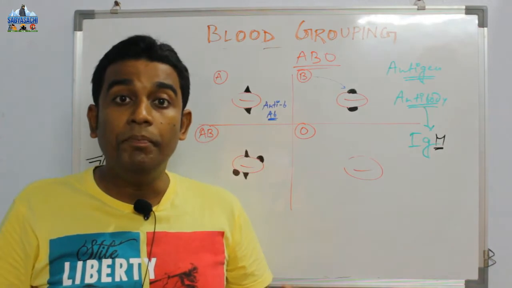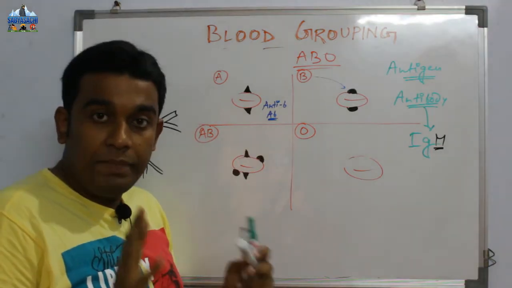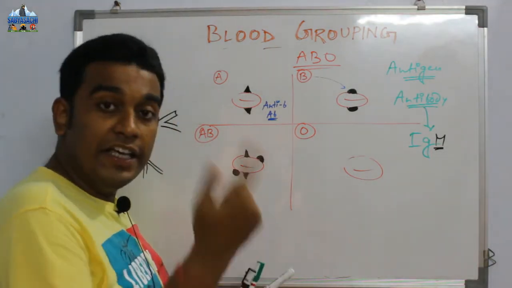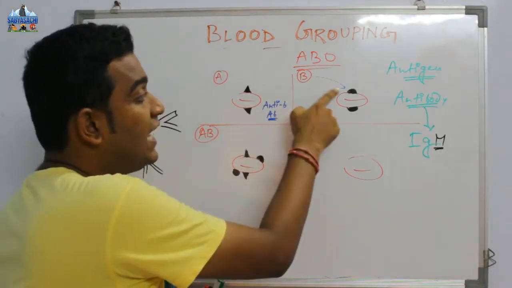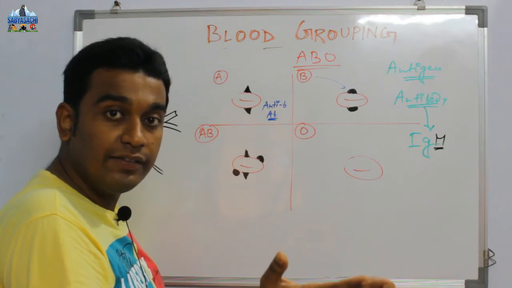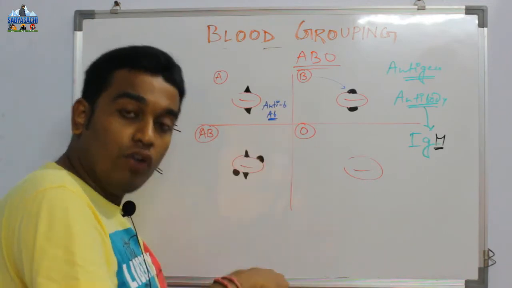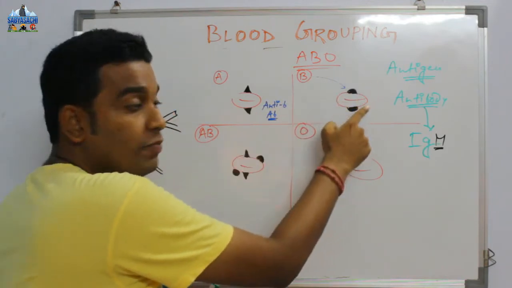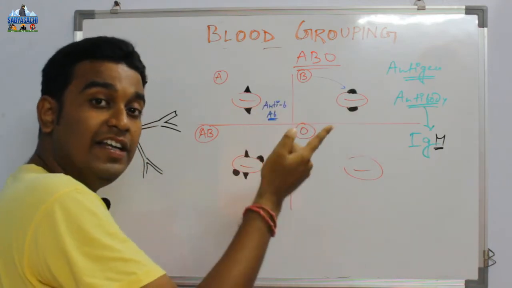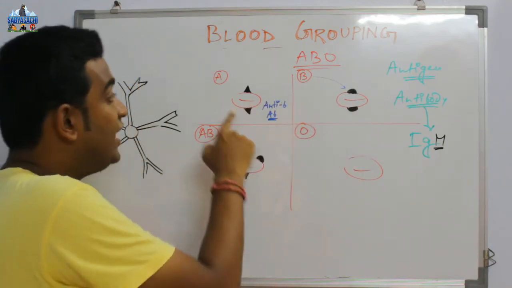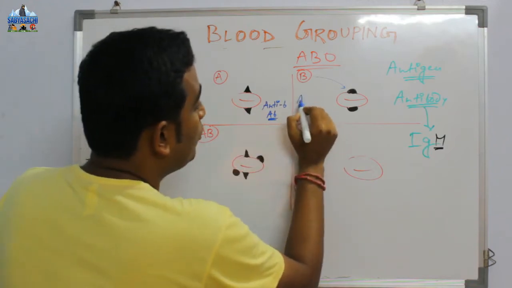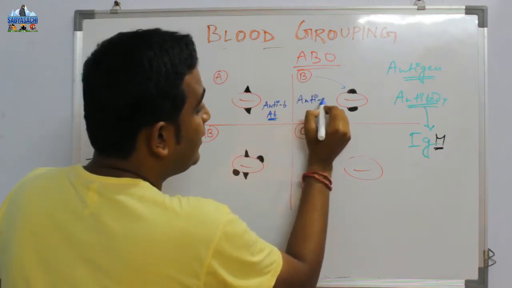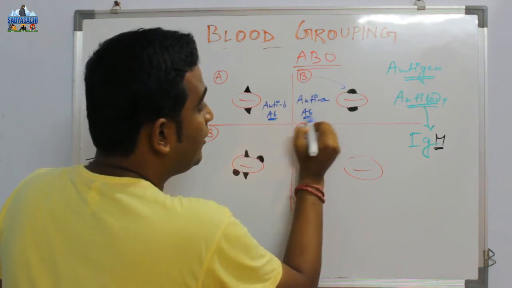That will lead to the clumping of the blood. That makes sense, I guess. Similarly, if you have B as a blood group, that means you will have B as an antigen on the surface of your red blood cells. Along with that, your plasma will have antibody against the antigen A. So that time it will be known as anti-A antibody.